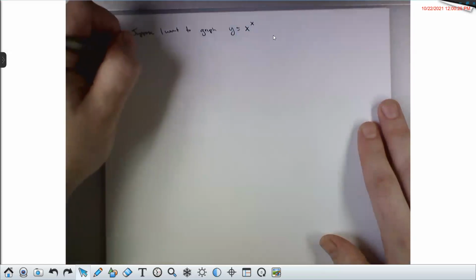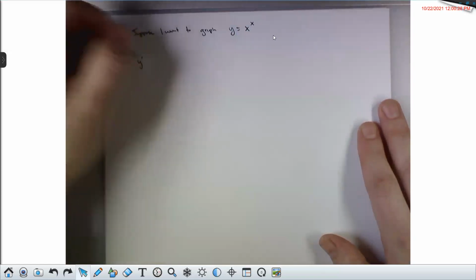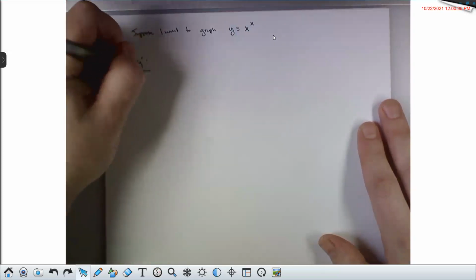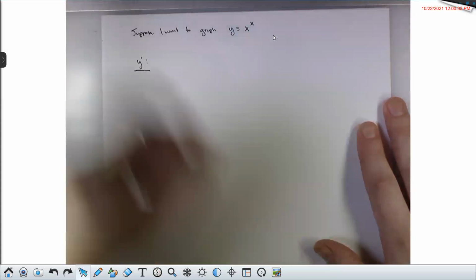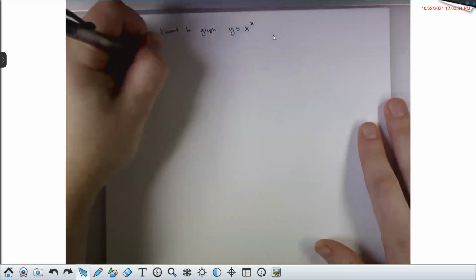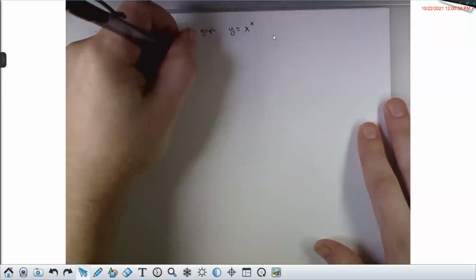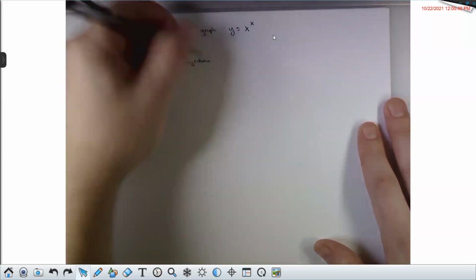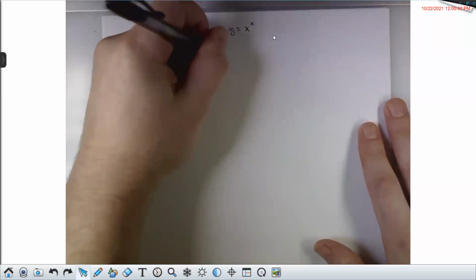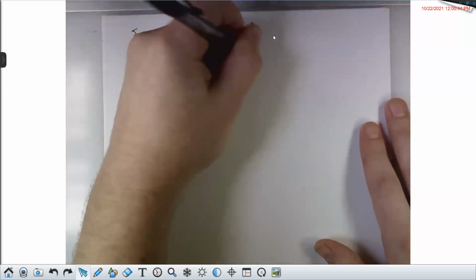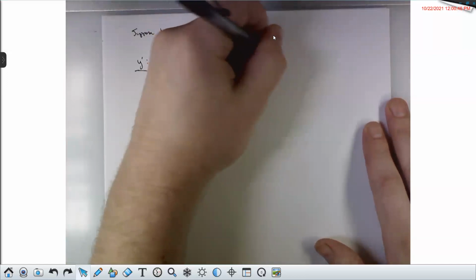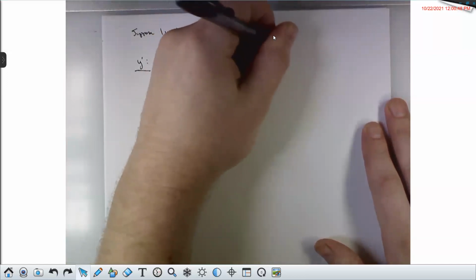So I might look at y prime. To even find y prime here, I need to use logarithmic differentiation. So I'd say, all right, the ln of y is the ln of x to the x.